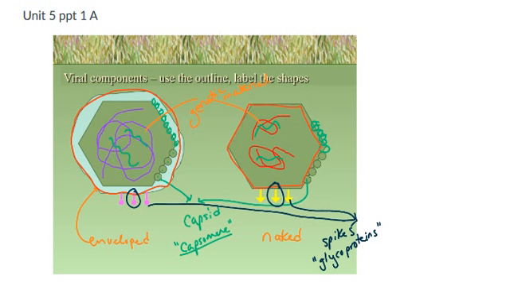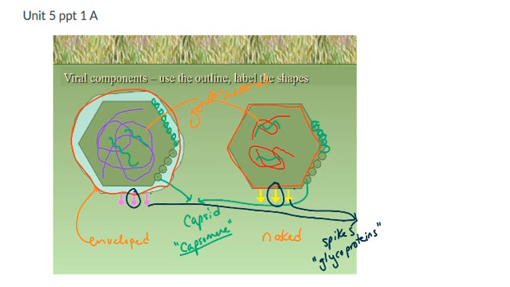And these actually project out from either the envelope in an enveloped virus or the capsid in the naked virus because that is the outermost layer. What these do is attach to receptors on the host cell to allow for attachment to occur, which you'll soon see is the first step of the virus life cycle.